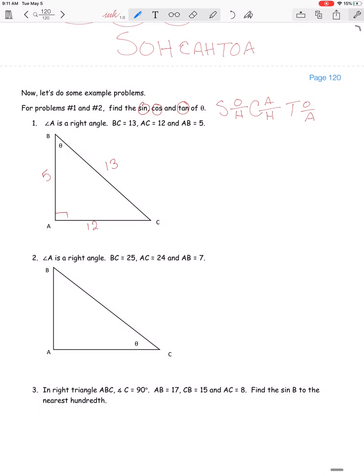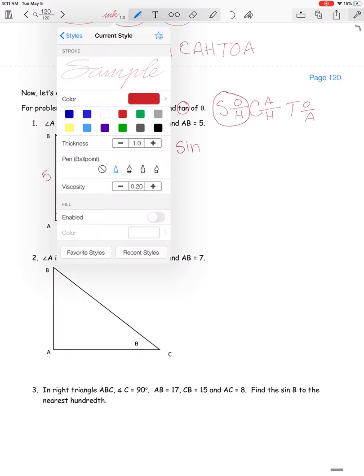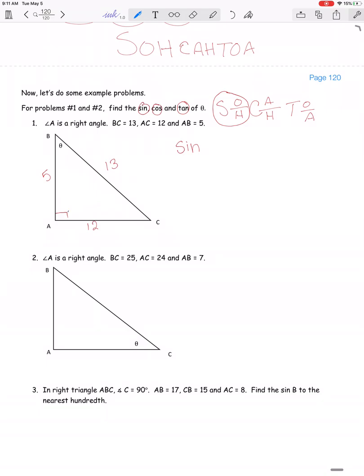So the sine, if you look up at the top here, is opposite over hypotenuse. So first thing we're going to do is I'm just going to label this whole triangle here. So I always recommend labeling first. Across from my right angle is always my hypotenuse. Remember, directly across from that angle is always your opposite.